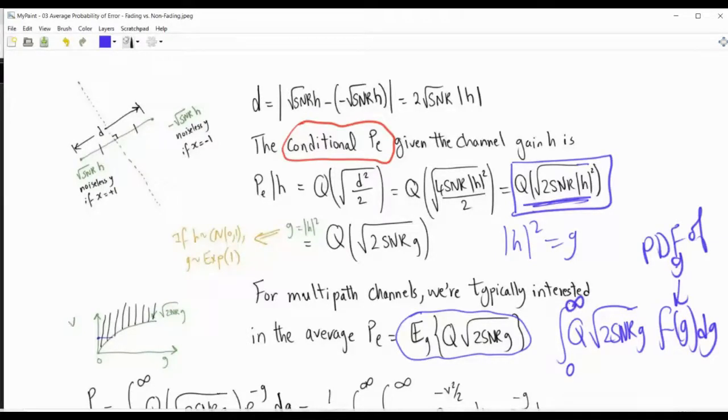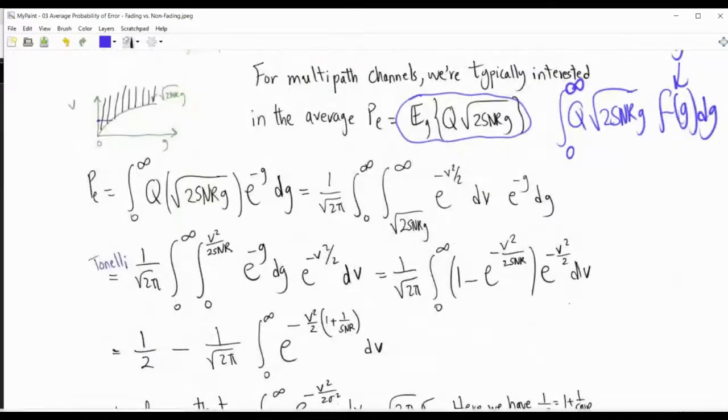Basically, you condition on h. When you condition on h, you get the benefit of having a standard problem in additive white Gaussian noise, with a channel with a constant or fixed amplitude. You get your result in terms of a Q function, and then you average, using the distribution for the channel gain, so that you get the average probability of error.